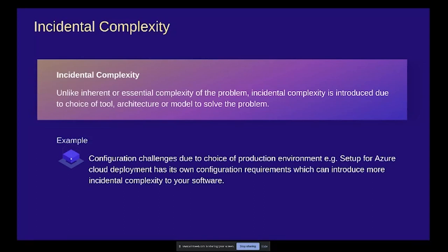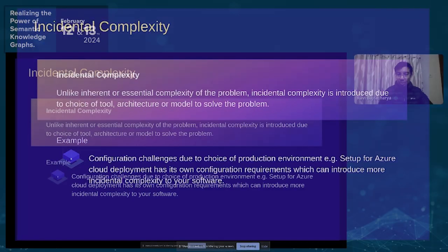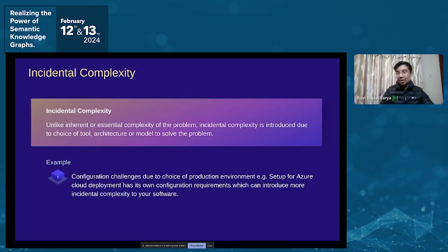One example could be the configuration challenges that get introduced because of our choices of production environment. They generally have nothing to do with the inherent problem that you're trying to solve, and may not add much value to the ultimate solution. So I think it's better to mitigate them or avoid them altogether if possible.